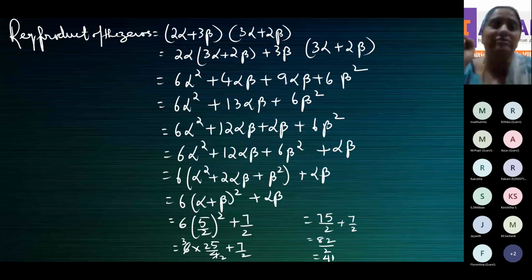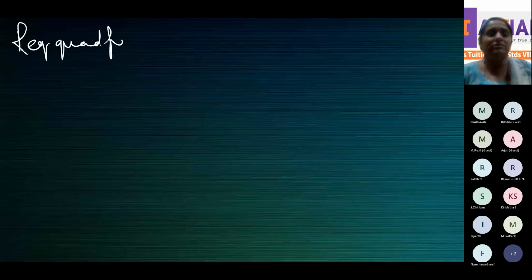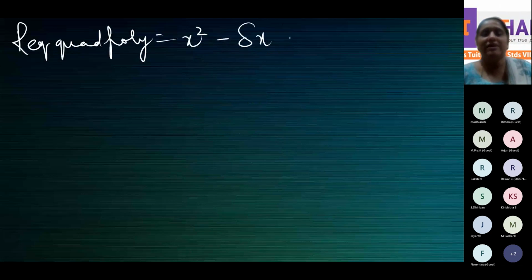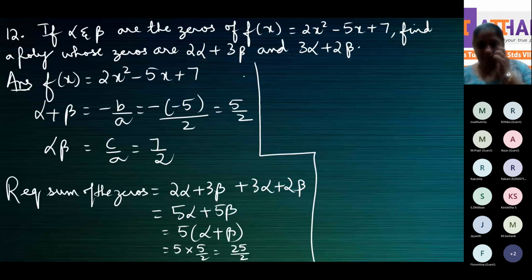So now we have the required sum of the zeros and the product of the zeros. Now we just have to use the standard form and fill in the values. The required quadratic polynomial is x squared minus sum of the zeros into x plus product. So that is x squared minus 25 by 2 into x plus product 41.